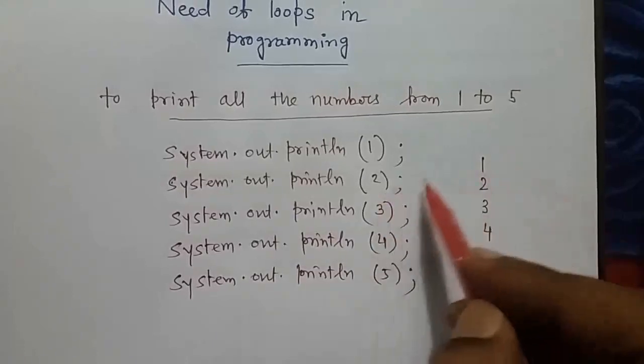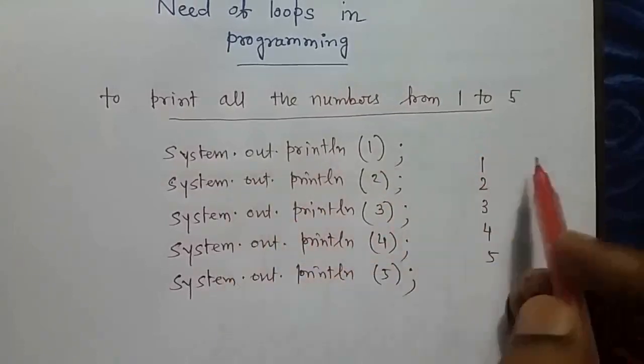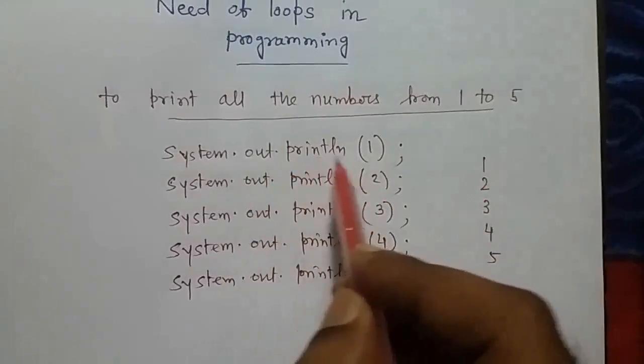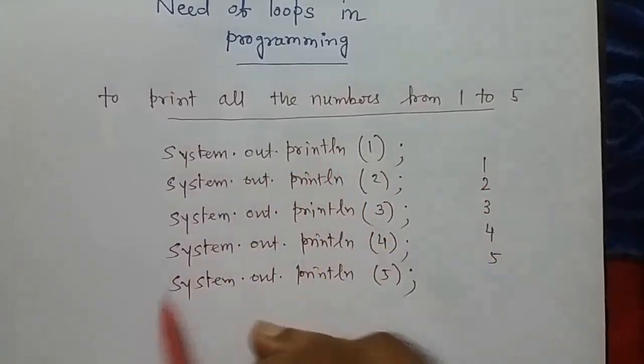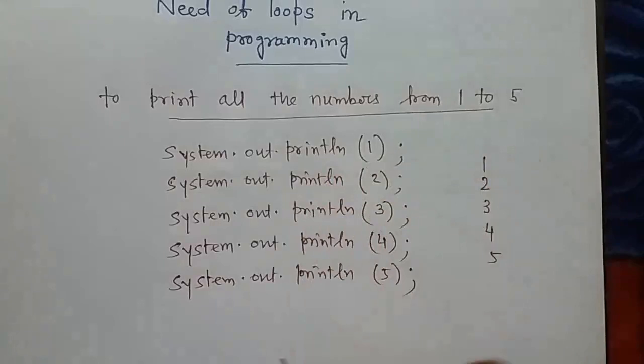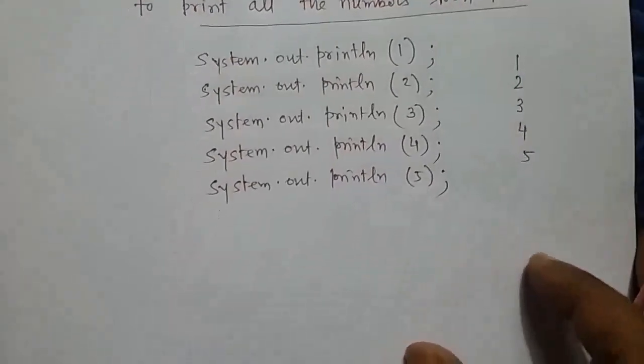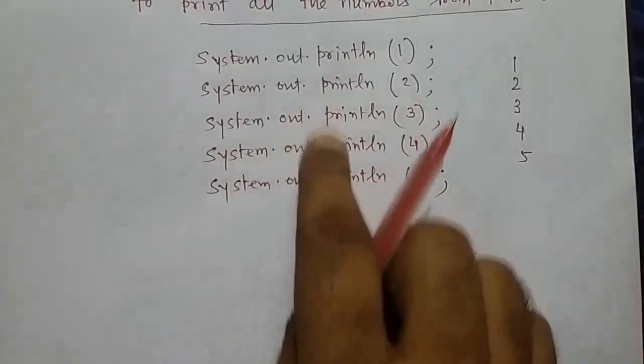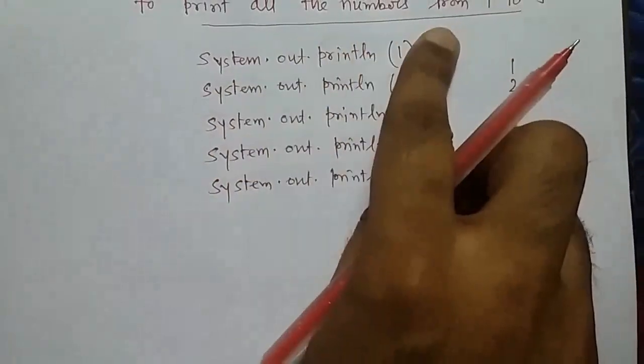That means all the natural numbers will be printed on different lines as you have used println. So now, this is easy for printing 5 natural numbers.